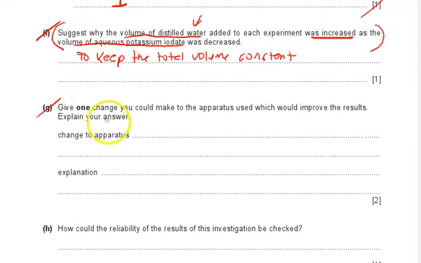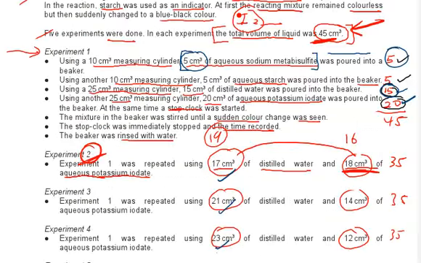Now G: give one change you could make to the apparatus used which would improve the results. Explain your answer. Change to the apparatus and also the explanation. Let us go back to their procedures.